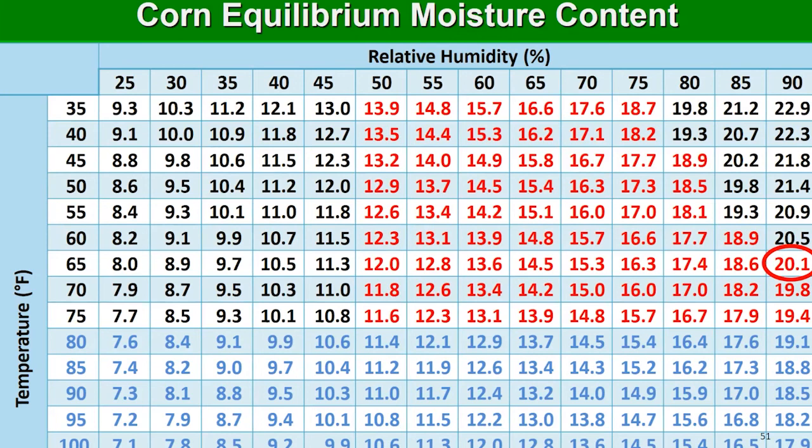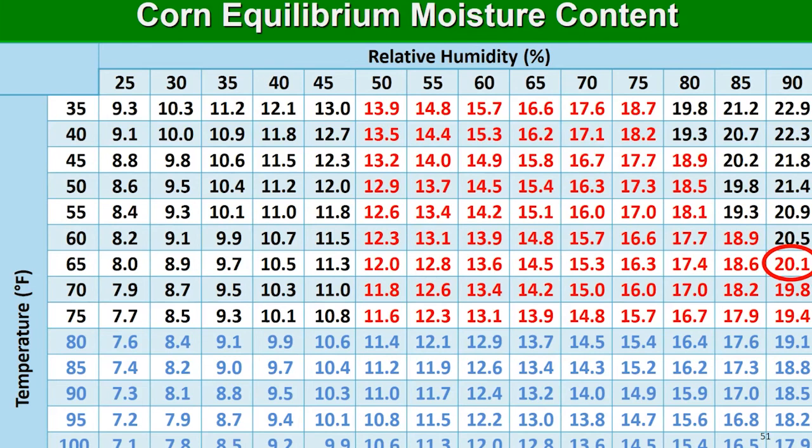And when you started the aeration, it was 90% relative humidity, and the temperature was 55, so you were 21.4, and you continue, the temperature moved, and you did aeration, and you are at 20.1.